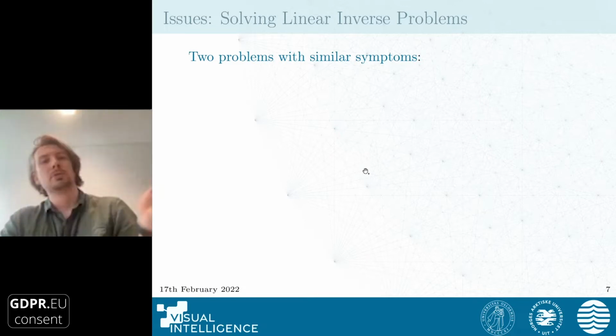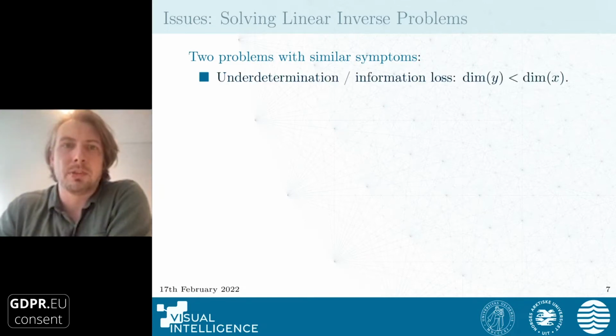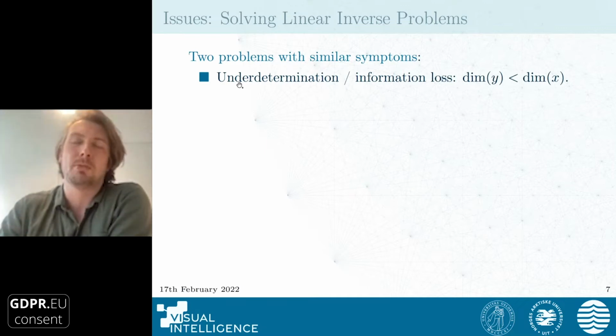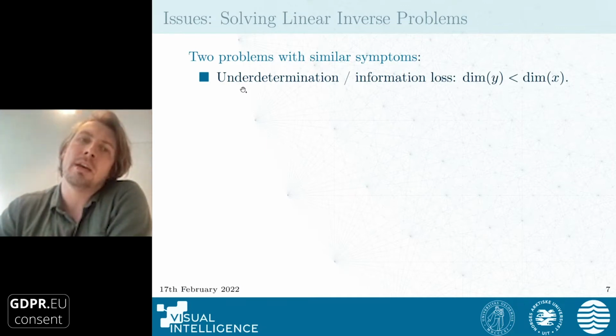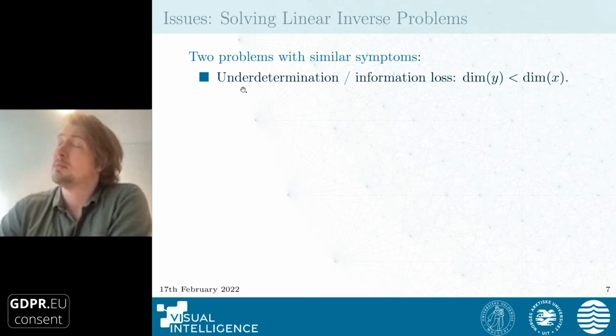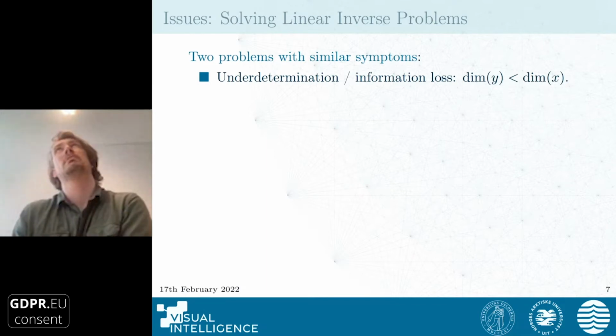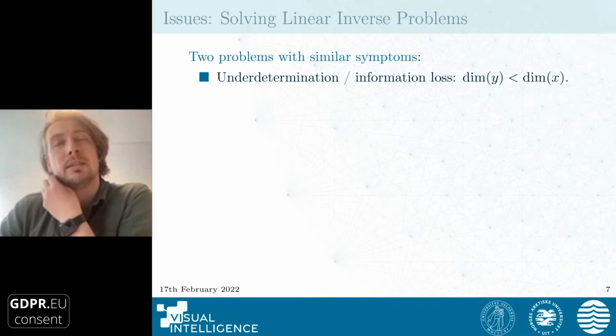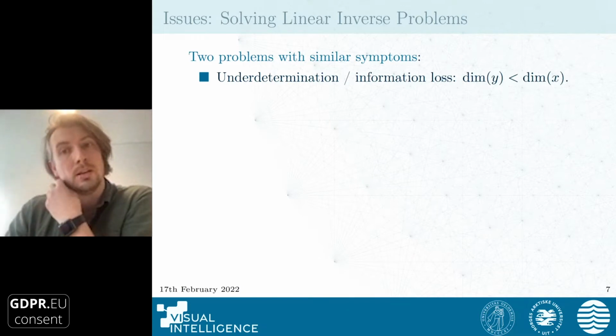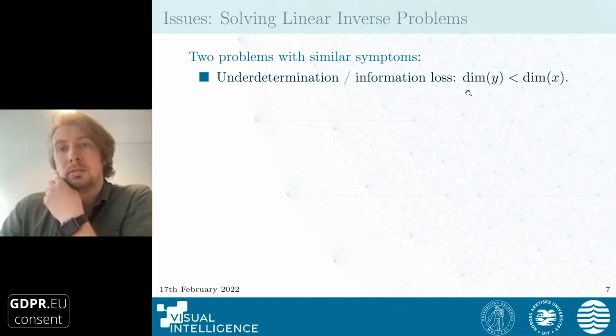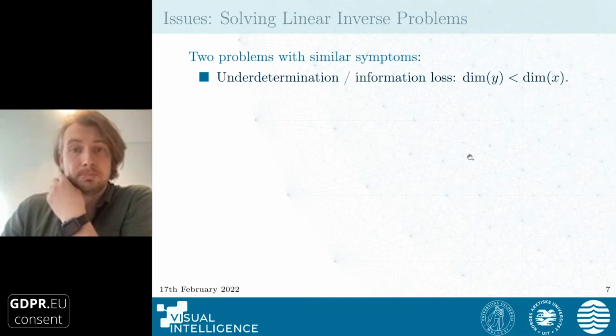So some of the issues with solving these linear inverse problems is that we have two problems with similar symptoms. One of which is underdetermination, where we have some explicit information loss, where the dimensionality of the measurement is less than the dimensionality of the causes. So this is a very common inverse problem.